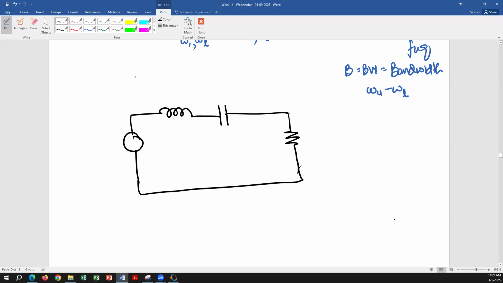And the resistor is assumed to be your load. This is your V in j omega, your L, X of L, your C, X of C, and your R, which is acting as a load. So the output is taken across the load.